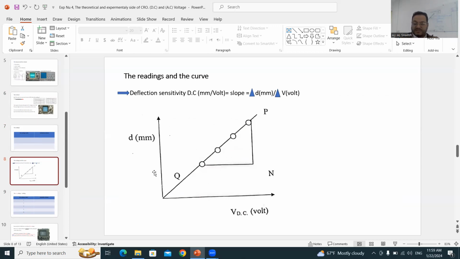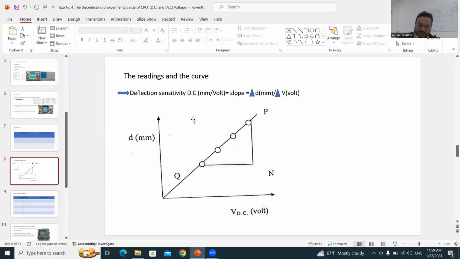D distance in millimeter unit will be on the y-axis and VDC will be on the x-axis, and we will plot the line here. When I take a look at a curve like that, it means the relation between D and V is a linear, direct relation. When V increases, D increases too.